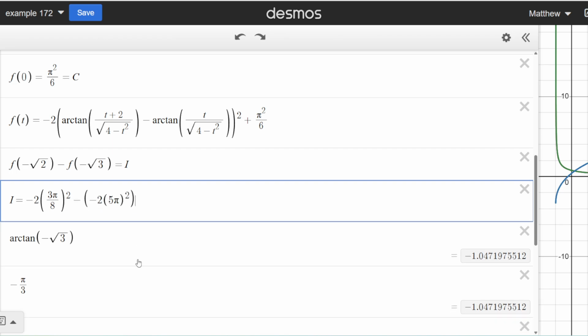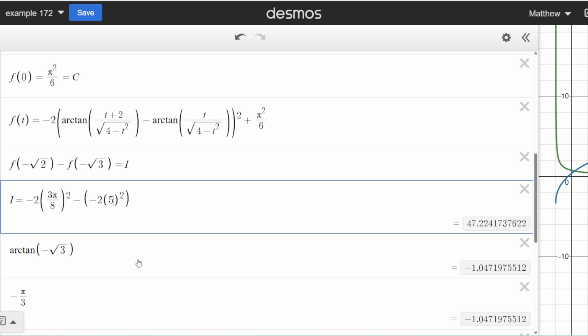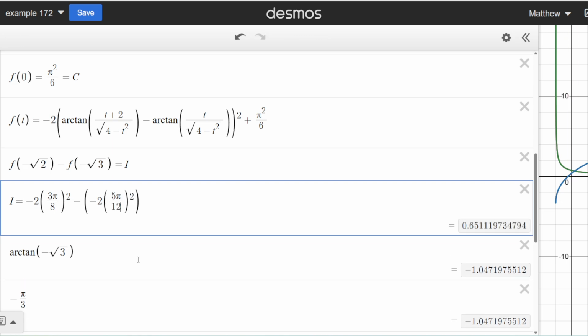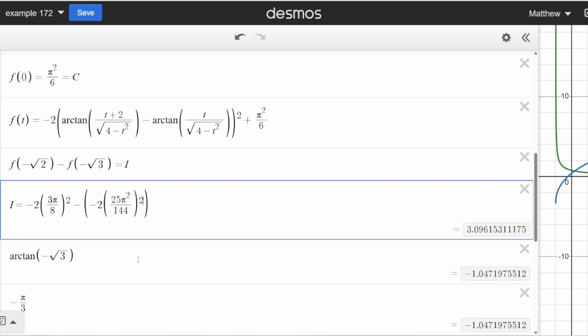Oh, no. I did a dum-dum. Okay. Yeah, that is 5 pi over 12. And then this actually becomes 144. And this becomes a 25. This becomes a pi squared. This squared goes away. This becomes a 72. And this becomes a 1.